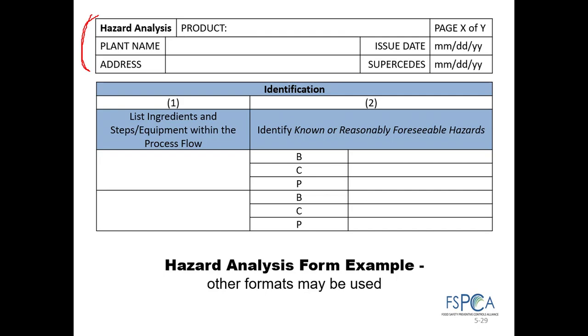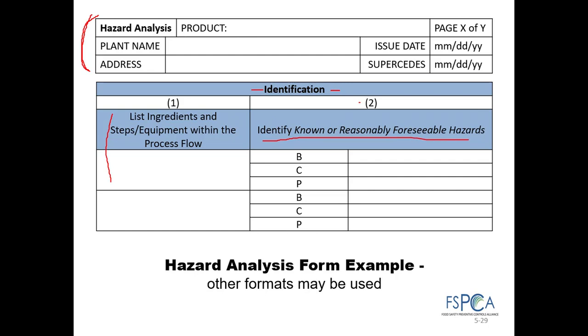The first step of hazard analysis was identification. So here in column number 1, I have a list of ingredients and steps or equipment within the process flow that I list out right here, our brainstorming session. Step number 2 was to identify the known or reasonably foreseeable hazards.